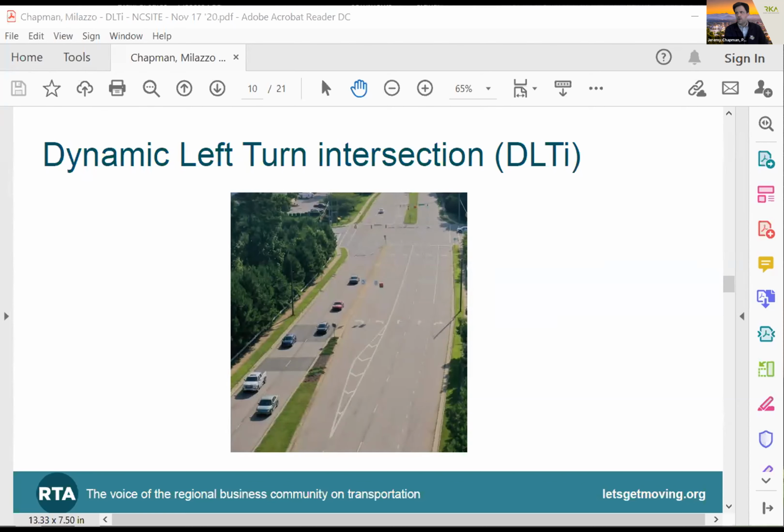A couple of the critical things that we started to find with some video recording was that, while there was a fairly high compliance rate, there is still the occasional, we'll call them a sneaker, somebody who decides that they don't want to wait behind the queue and they're going to jump over to that right-hand turn lane to get around the queue, even though that lane is blocked off. Obviously, there's nothing to prohibit them from doing so.